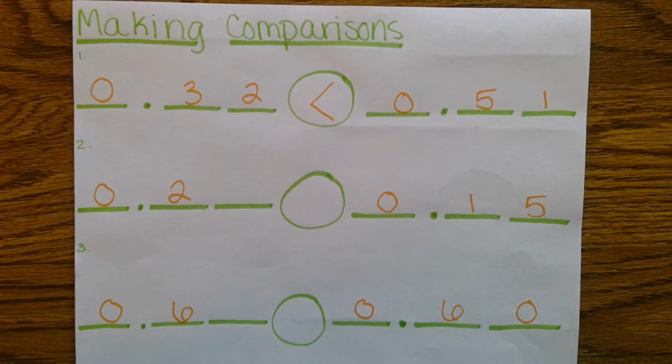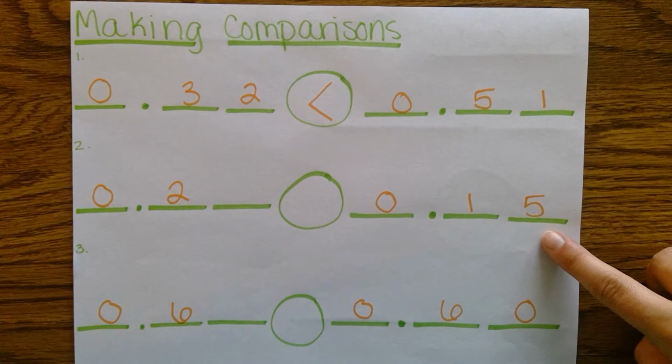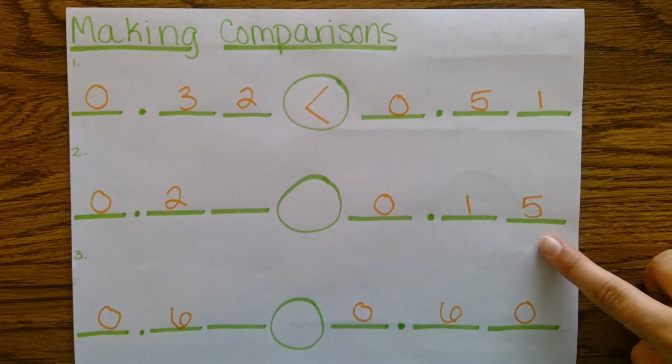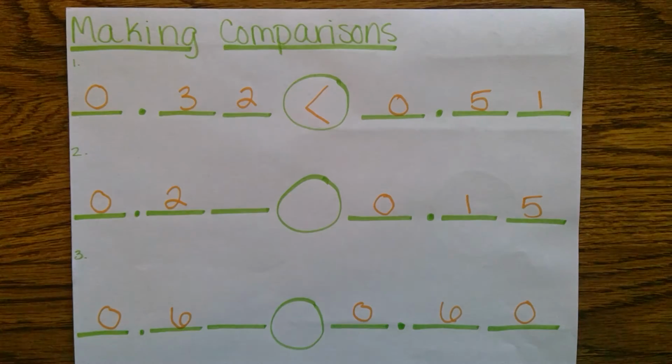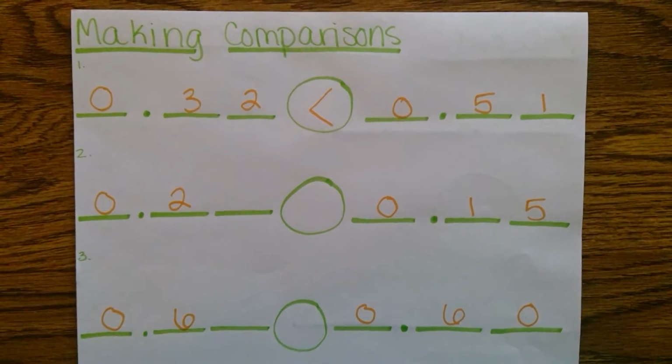So on our second example, we have 0.2 or 2 tenths and 0.15 or 15 hundredths. Now this is where it can get a little tricky when comparing decimals. Many people think that 0.15 or 15 hundredths is larger because it has more numbers after the decimal point, but this is not true.